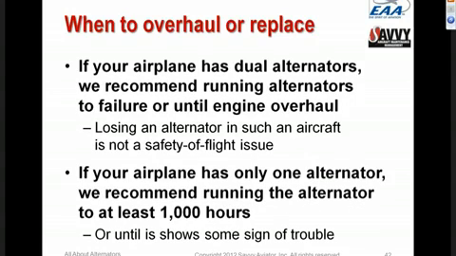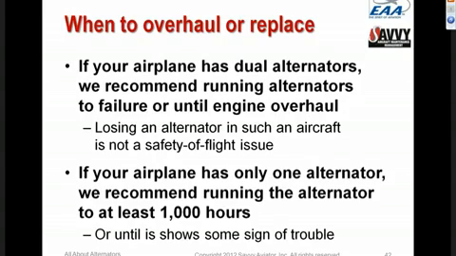If your airplane has dual alternators, such as most of the modern all-electric airplanes and probably a lot of the homebuilts, we recommend just running the alternators to failure or until you overhaul the engine, because if you have dual alternators, losing an alternator in flight is not a safety of flight issue. You've got a backup.